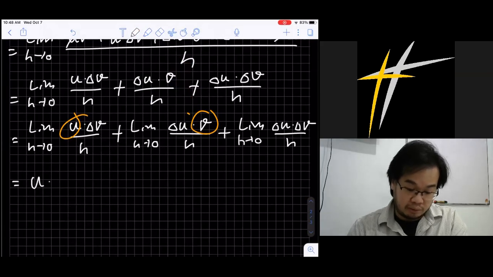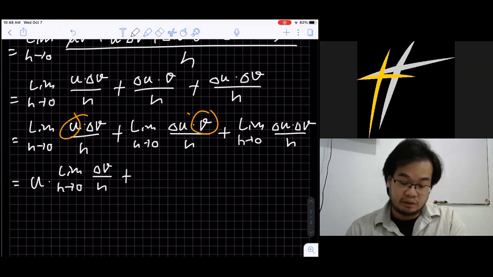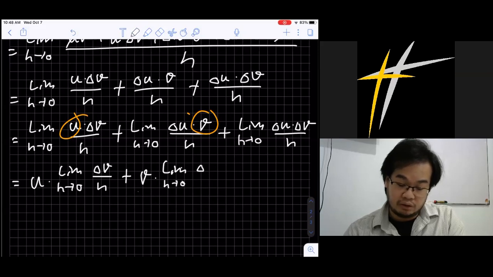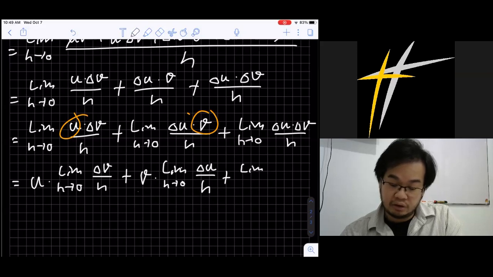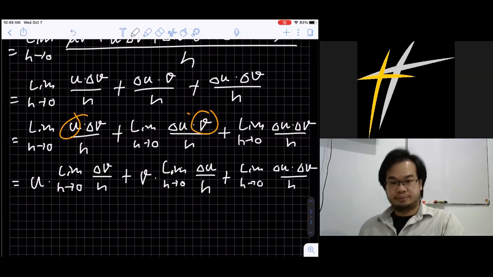So it becomes u times the limit of h approaching 0 of delta phi over h plus phi times the limit of h approaching 0 of delta u over h, plus the limit of h approaching 0 of delta u times delta phi over h. Okay.